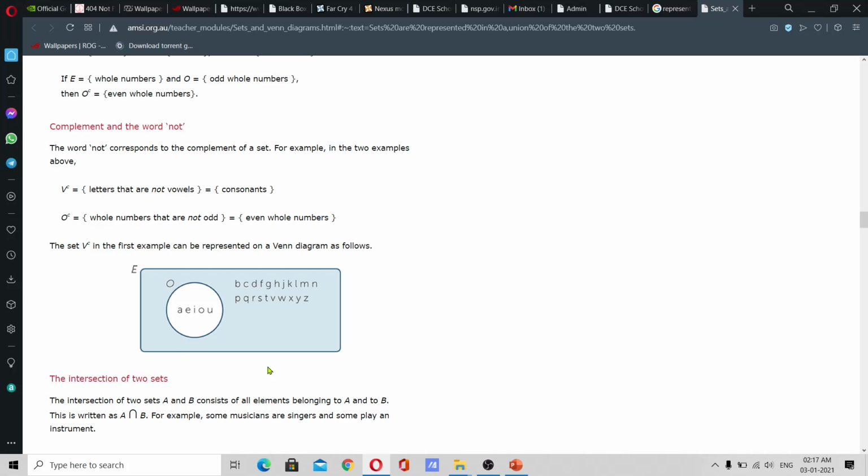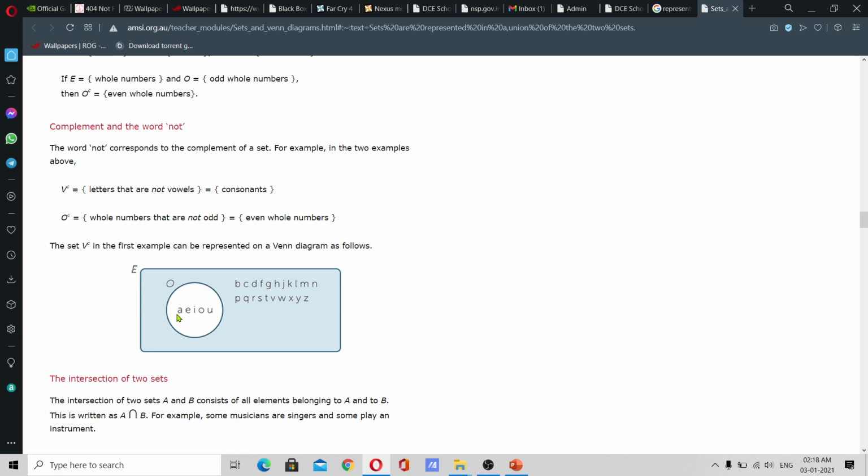In this picture, don't go for the explanation part, just look very closely at the picture. Here E is represented as the entire universe. E means all the alphabet letters, and you can see that O is the name of the circle set. O means all the vowels.